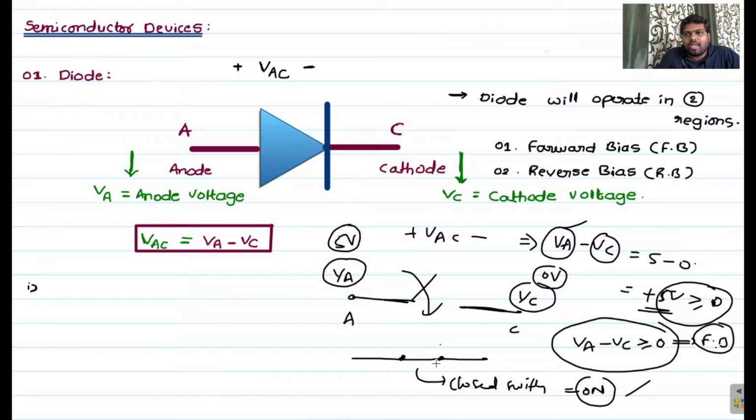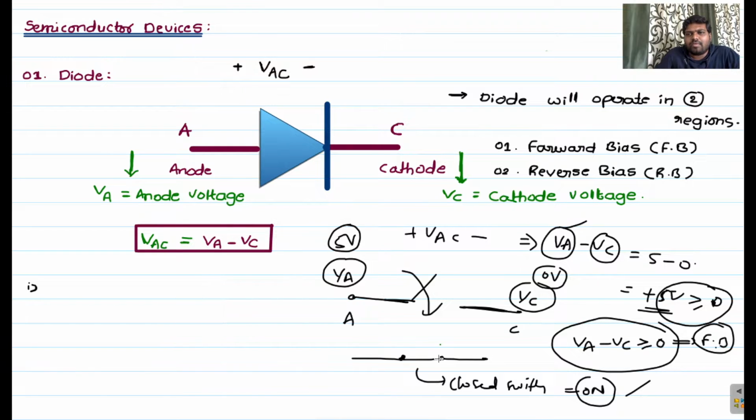That is very important. Always remember why I am telling you this: semiconductor devices operate in various regions. If you take a bipolar junction transistor, it acts in different regions: cutoff region, saturation region, active region, and reverse active region.